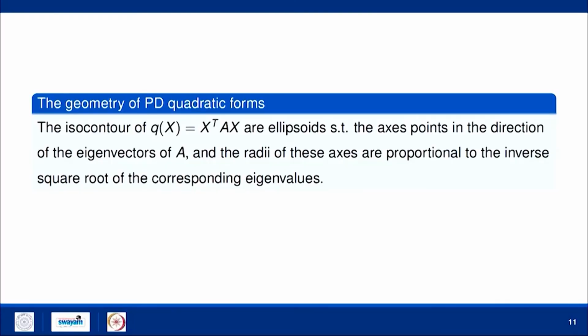If we talk about the geometry of the quadratic form, especially the positive definite quadratic form, the isocontours of the quadratic form x transpose A x, which is a polynomial of degree 2, are ellipsoids. The axes point in the direction of the eigenvectors of matrix A, so again the eigenvector gives the direction, and the radii of these axes are proportional to the inverse square root of the corresponding eigenvalues.